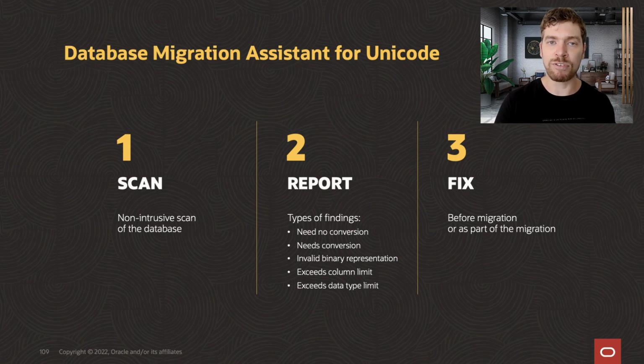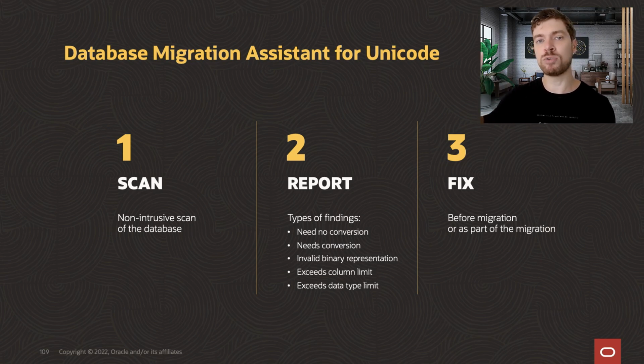It can be needs conversion, if you need to convert the byte representation because it has a different encoding in the target character set. It will also be invalid binary representation if you have any inconsistency in the source system, or it can flag column limits and data type limits. That's the case I just showed you in the video.